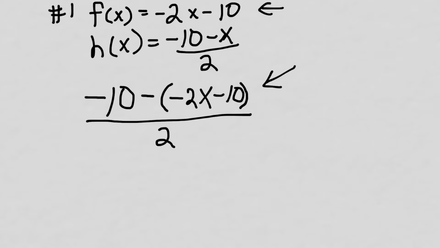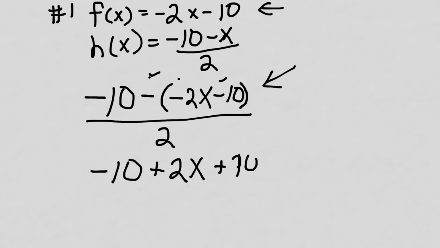All right, so let's do the math on this. We get negative 10 minus, I've got minus a minus, so that's going to be plus 2x. Again, I've got minus a minus, so that's going to be plus 10.